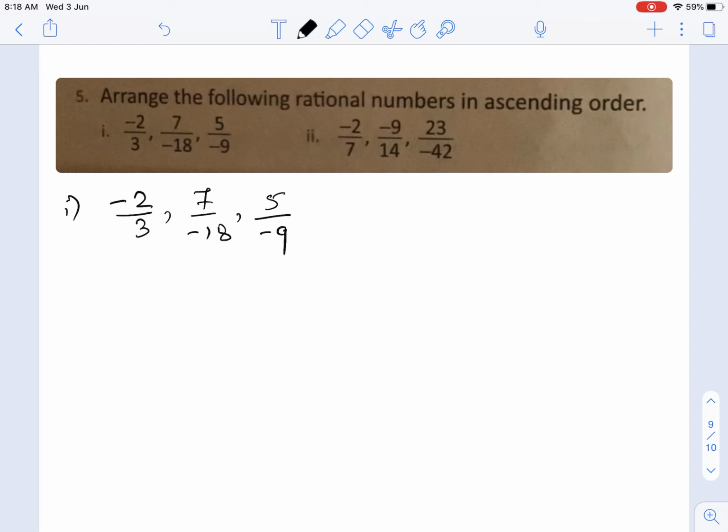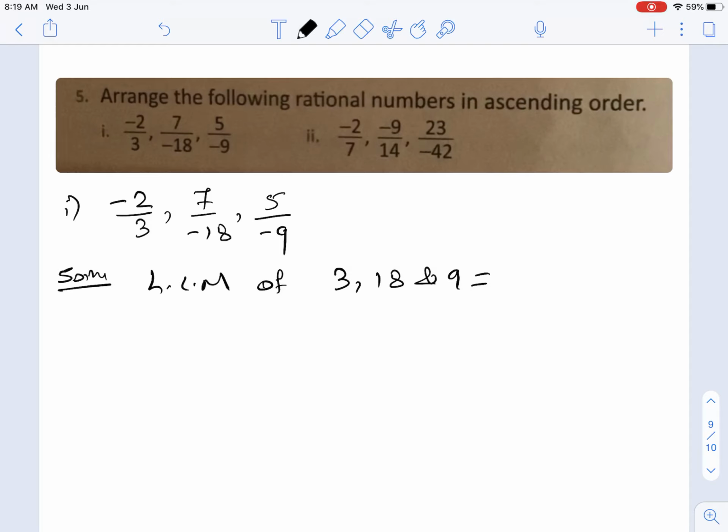So the first step is the LCM of 3, minus 18, and 9. No need to write signs over here, just write the numbers. So the LCM of 3, 18 and 9 equals? Now you must have learned the procedure of finding LCM.